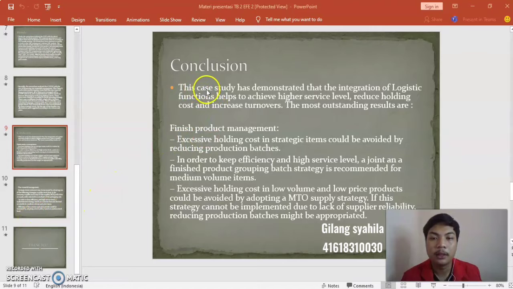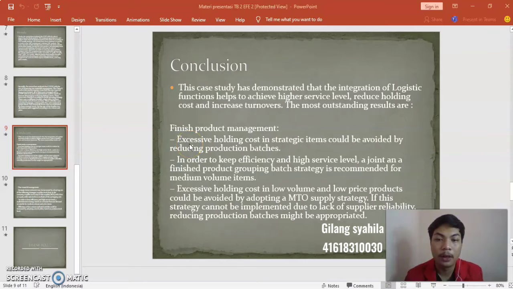Previous study has demonstrated that the integration of logistics functions helps to increase service level, reduce holding costs, and increase the turnaround of the amount of finished product maintenance.